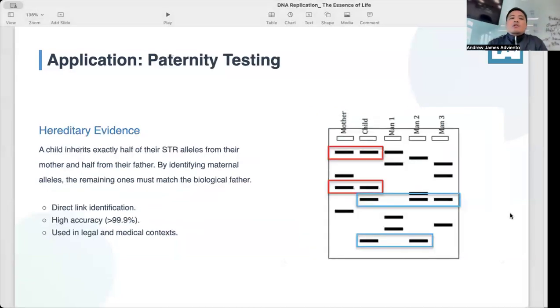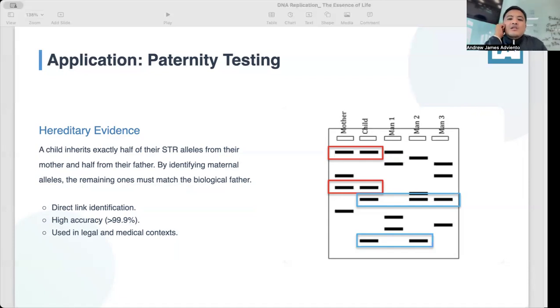Another application of it is paternity testing. So paternity is a logic puzzle. So a child gets 50% of their DNA from their mother and 50% from their father. So in a lab, we first cancel out the bands the child shares with the mother.